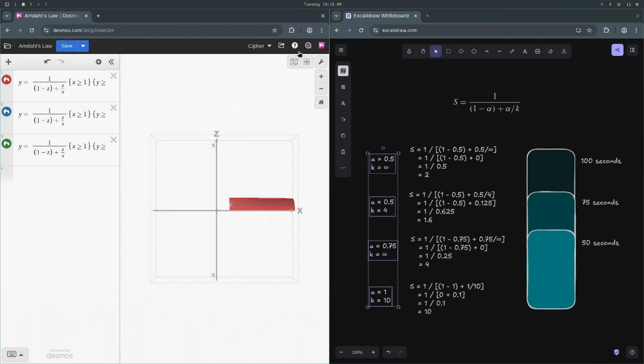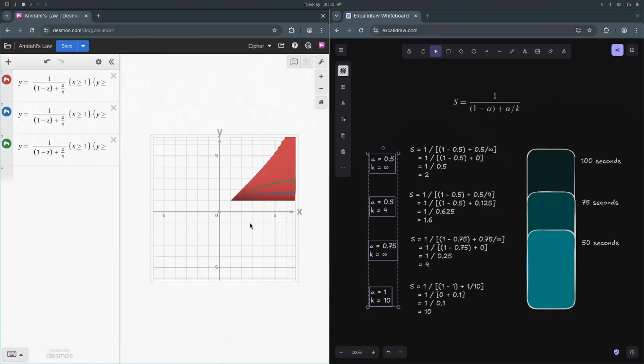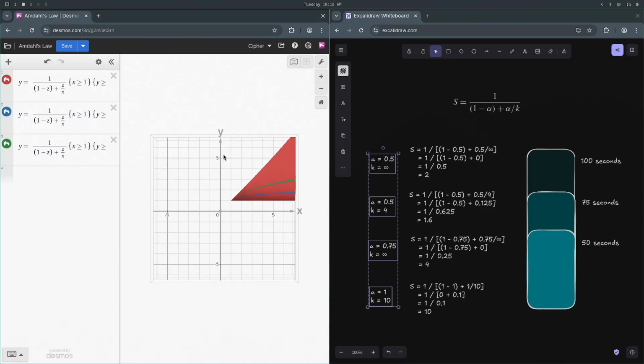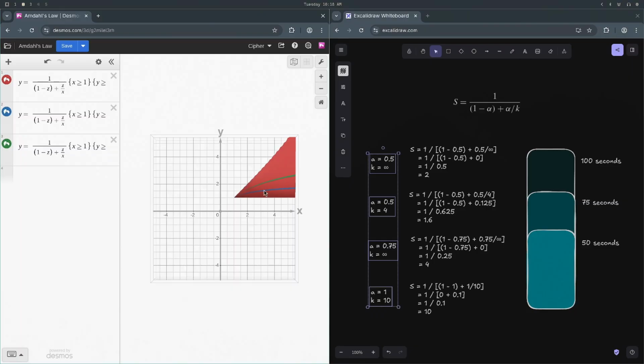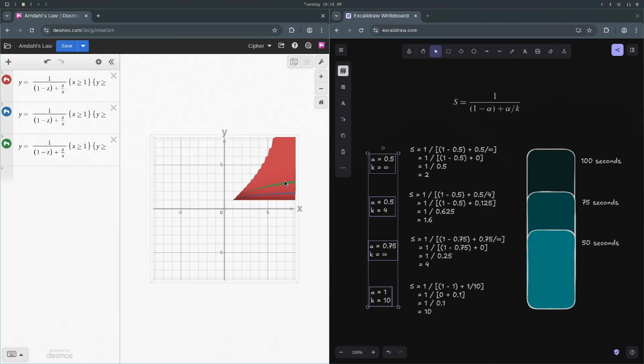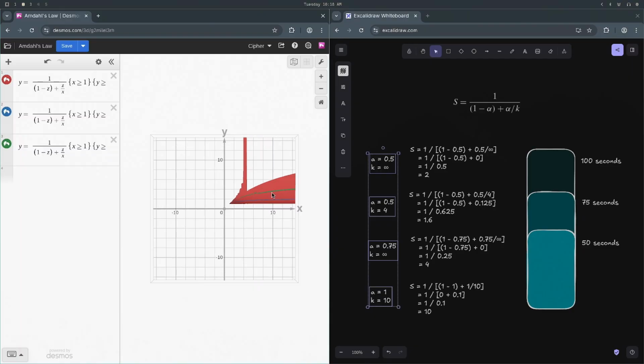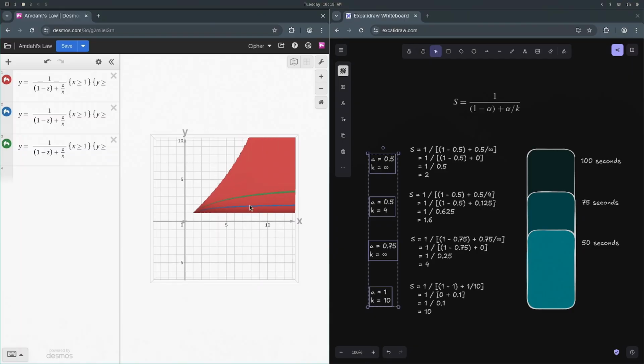So from top down, y is the amount of speedup that we get, and x is the amount of speedup of the sub-component of the process that we're putting effort into optimizing. You can see those limits that we spoke about before, where, let me zoom in a little bit more, this blue band is limited by 2, and the green band is ultimately limited by 4. It'll approach 4, but it'll never be able to exceed it.